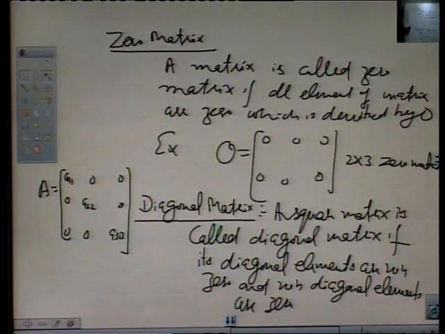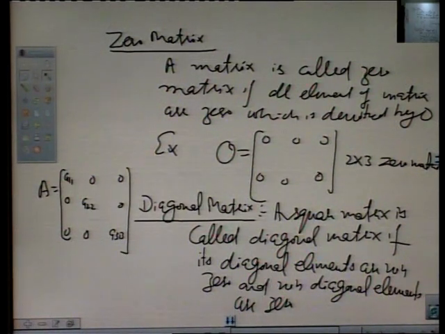The element in the first row and second column is 0, first row and third column is 0, second row and first column is 0, second row and third column is 0, third row and first column is 0, third row and second column is 0. Only diagonal elements are non-zero and non-diagonal elements are 0. This matrix is called a diagonal matrix.